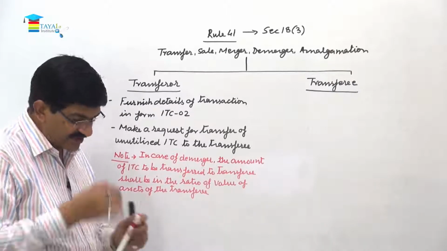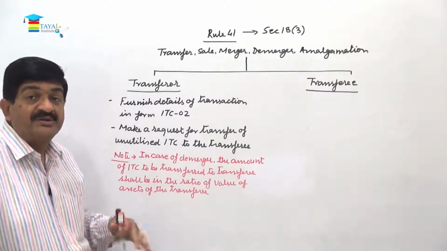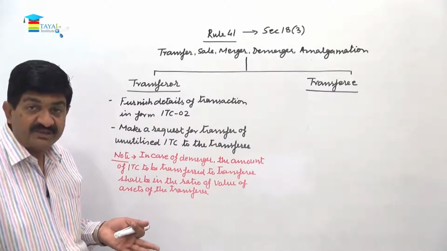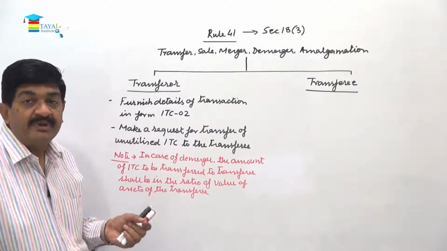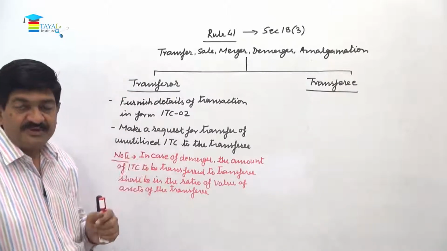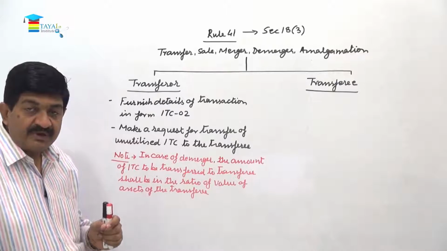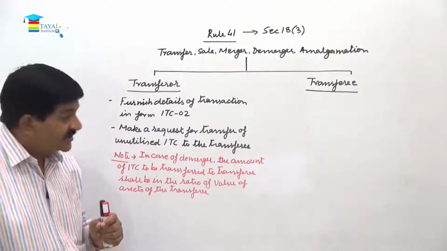So in case of demerger, one existing unit has been divided into more than one unit. So in that situation, it is not the entire amount of the credit which will be transferred to the transferee, but it will be based on the value of assets which are being transferred to the transferee. So this is the responsibility on the part of transferor to ensure that unutilized credit is transferred to the transferee.